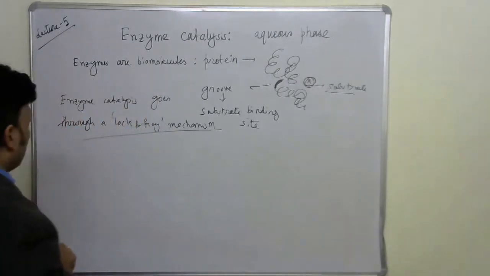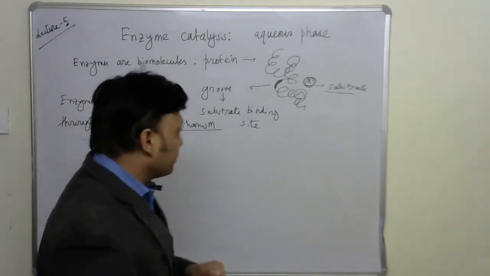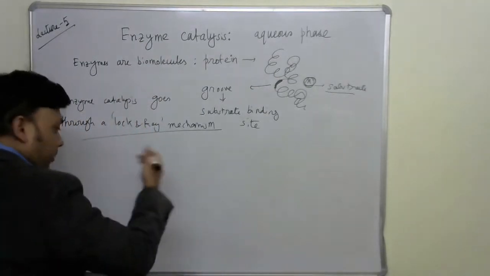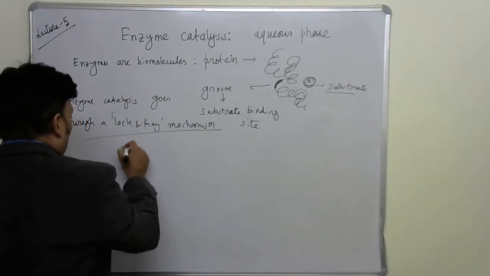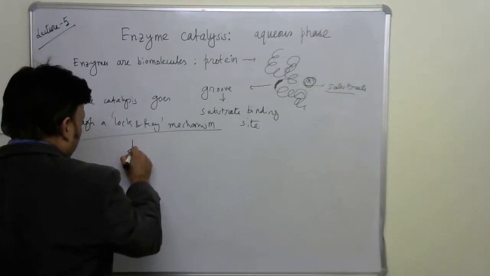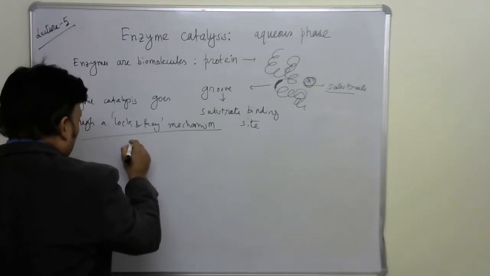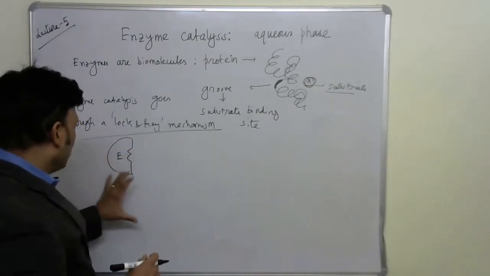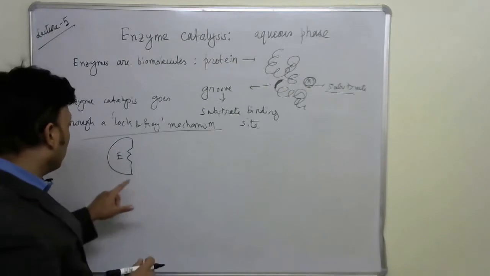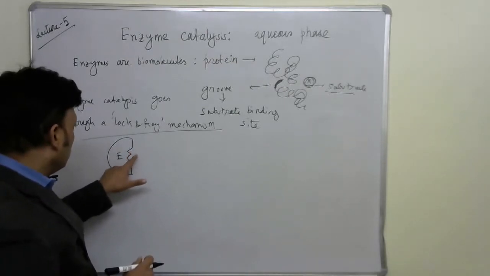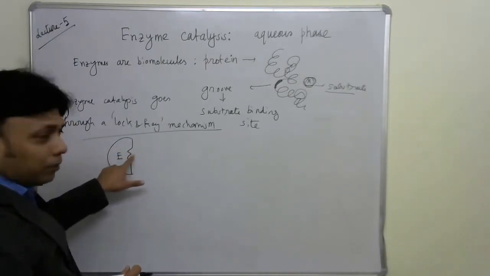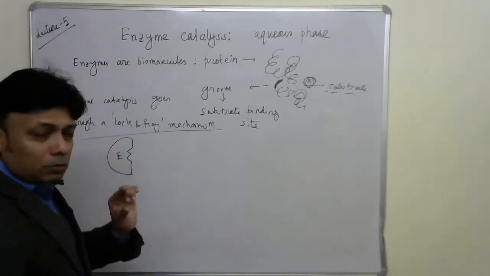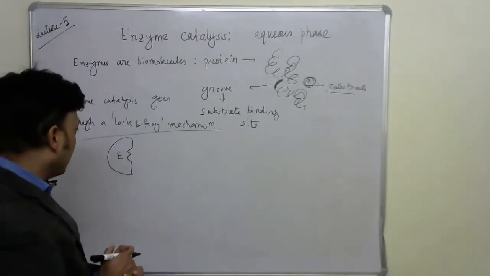So the lock and key mechanism can be illustrated graphically like this. Suppose we have an enzyme like this. This is the enzyme molecule, just a cartoon diagram of a protein molecule, and these two kinds of ridges I have drawn are the particular groove or the substrate binding site.